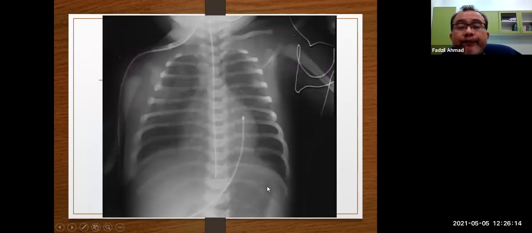You see the X-ray. It is a bit hyperinflated. You can see not much consolidation, with air here and there, but the air is not homogeneous. There is some consolidation here, air here, not homogeneous, because the meconium block is not the same in every area.